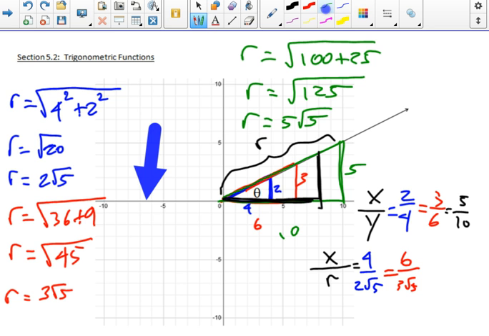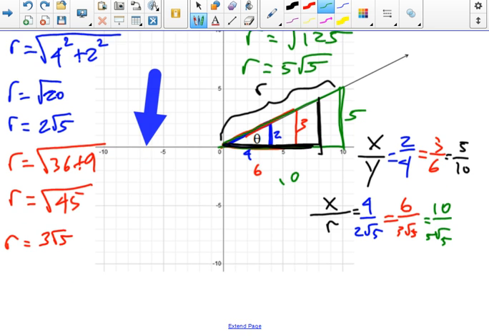And if you do the green triangle, you're going to get 10 as the x value over the r value, which is 5 square root of 5. And of course, every one of those reduces down to 2 over the square root of 5. It's all the exact same value.